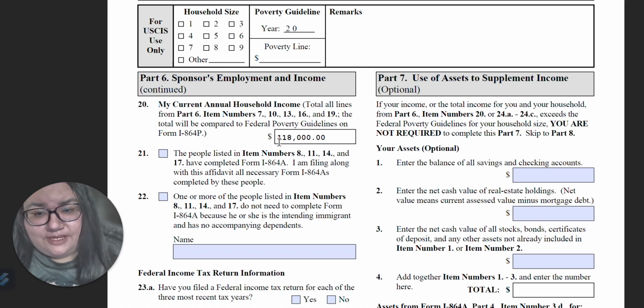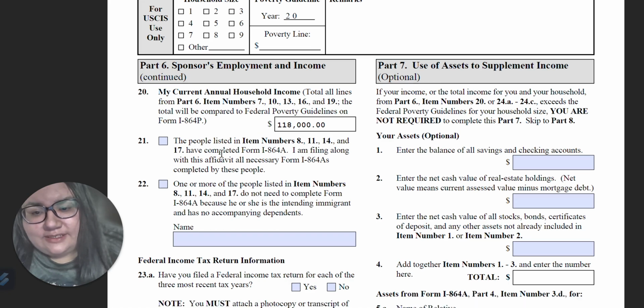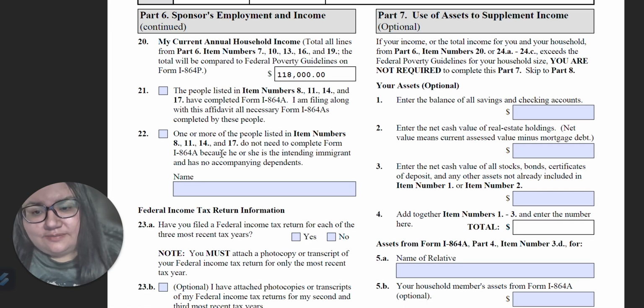All right. So in our scenario, Jose did not need to combine his income with any other individuals, which means we leave questions 21 and 22 blank. But I just want to touch base on these really quick. If Jose had needed to combine his income with someone else in the household that was not the intending immigrant, then you would check off item 21.